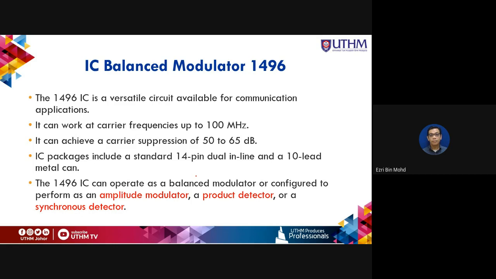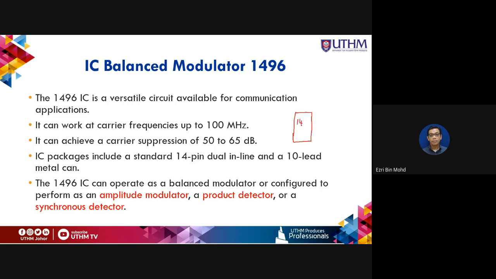The IC package is a standard 14-pin dual inline 10-lead metal can. The 1496 IC can operate as a balance modulator or be configured as an amplitude modulator, a product detector, or a synchronous detector.